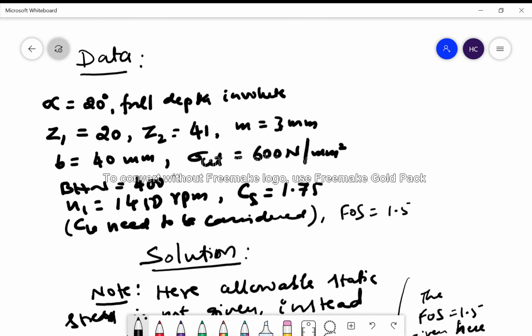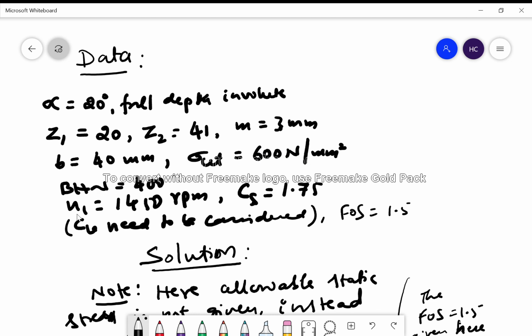Data given: pressure angle alpha is 20 degree. The tooth form is full depth involute. Number of teeth on pinion Z1 is 20 and number of teeth on gear Z2 is 41. Module m is 3 mm and face width b is 40 mm. Ultimate strength of the material is 600 Newton per millimeter squared.